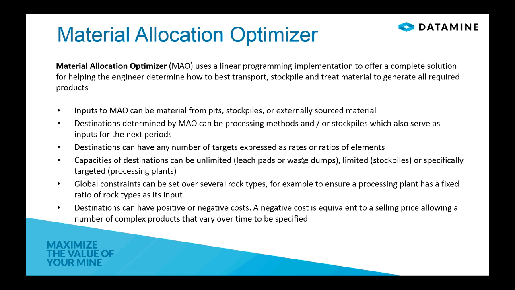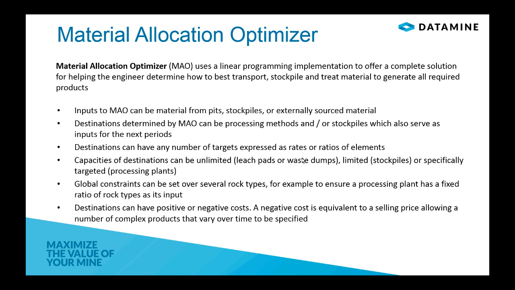Sources can be one or more pits, can be existing stockpiles or external sources, material that comes somewhere outside of our deposit, for example, underground mines or some other sources if we are able to purchase extra material.